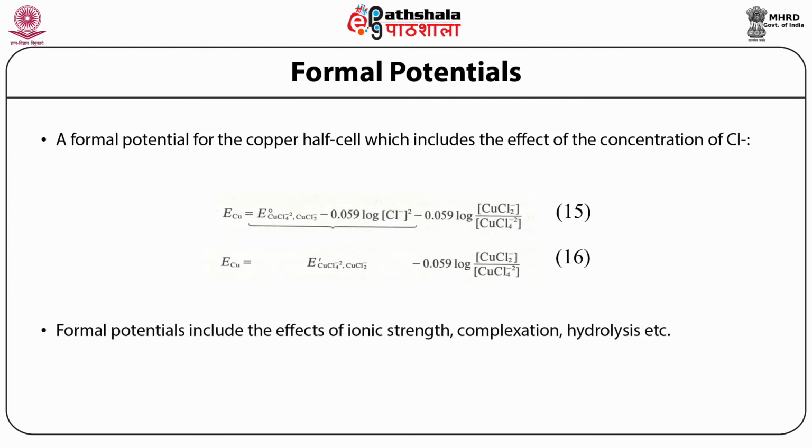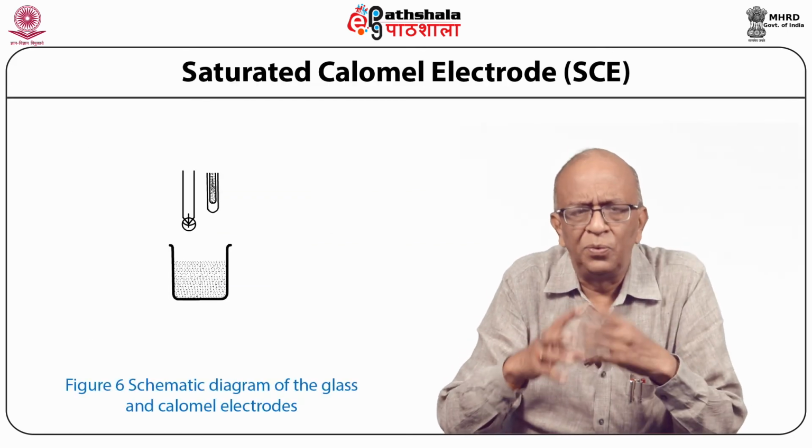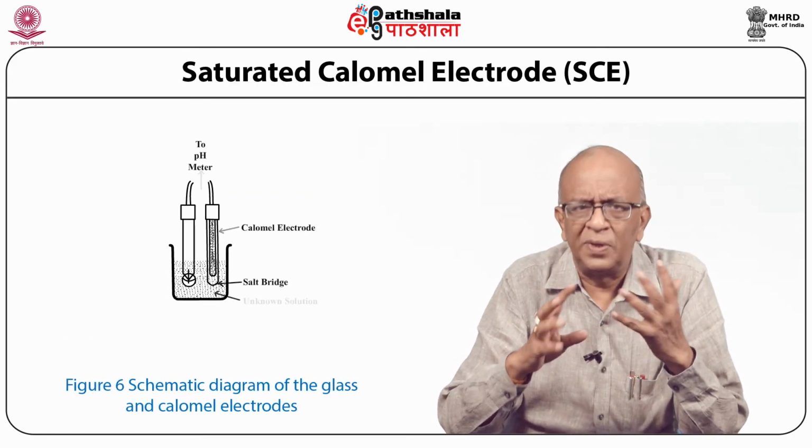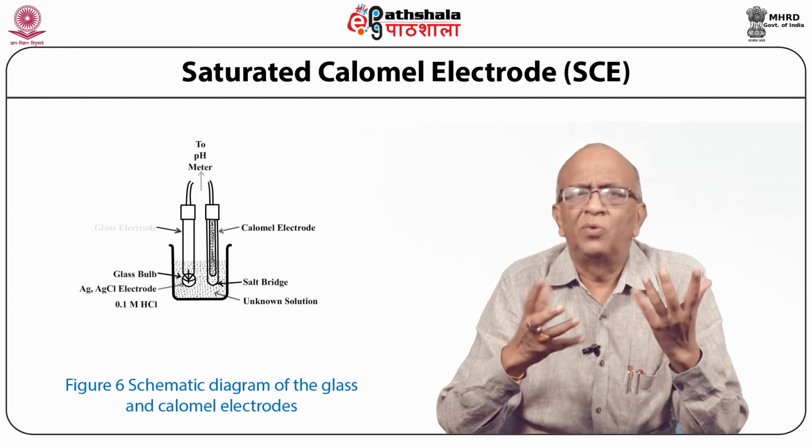Formal potentials include the effect of ionic strength, complexation, hydrolysis, the effect of pH, and any other effect which can be attributed to the composition of the electrolyte other than the ratio of the reduced to oxidized form. Electrodes used in an electrochemical cell are of two types.